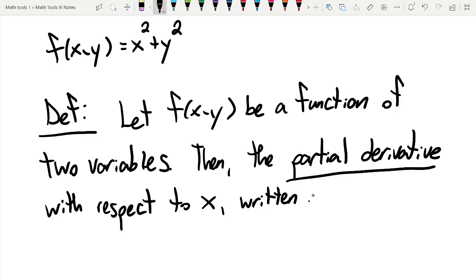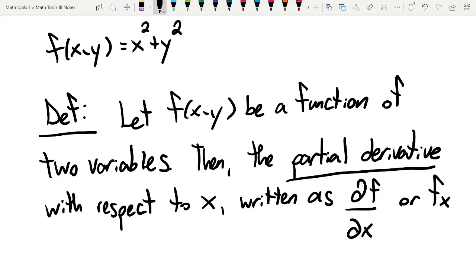and then there's two different ways to write it here. It's written as either this, the D symbol with a rounded top, f, so we read this as partial f over partial x, or we write it as f with a subscript of x.